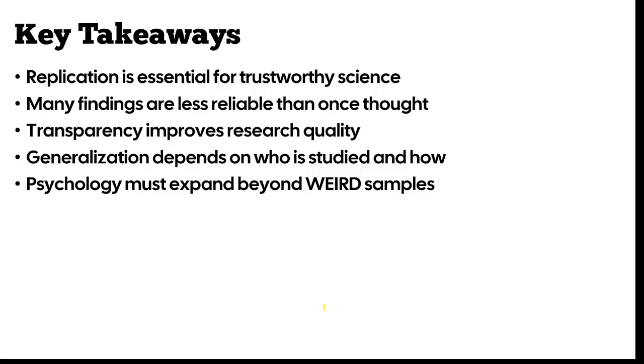We also need to remember that generalization depends on who we studied and how we did it, and we as a general body of psychologists need to move beyond WEIRD, Western, educated, industrialized samples to other groups and study more of the underrepresented, underserved populations, so that we get a better overall picture of how things are out there in the real world.